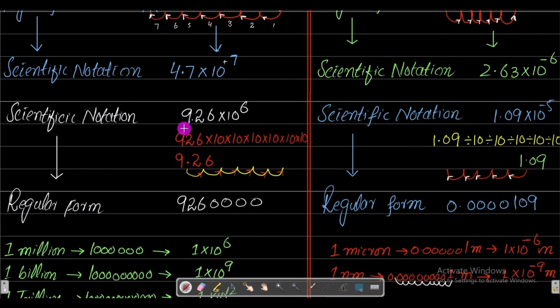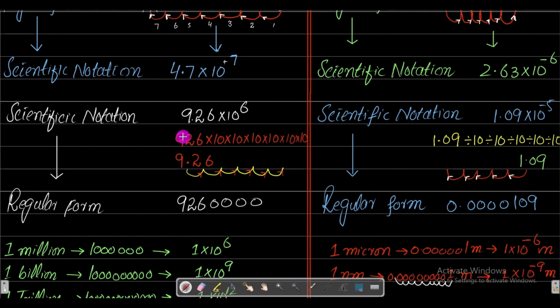If someone asks you to convert this scientific notation again into the regular form, what we will do here is take that number 9.26, and this actually indicates that we have to multiply by 10 six times. So we write that multiplication of 10 six times.